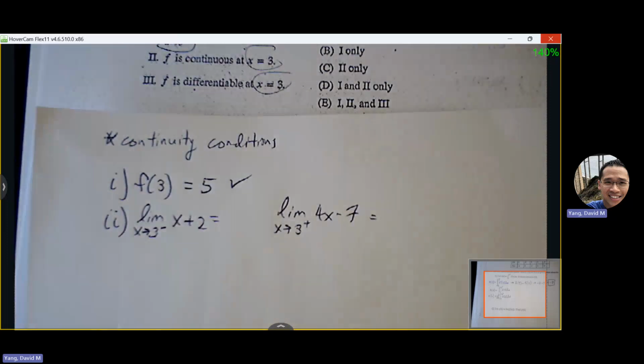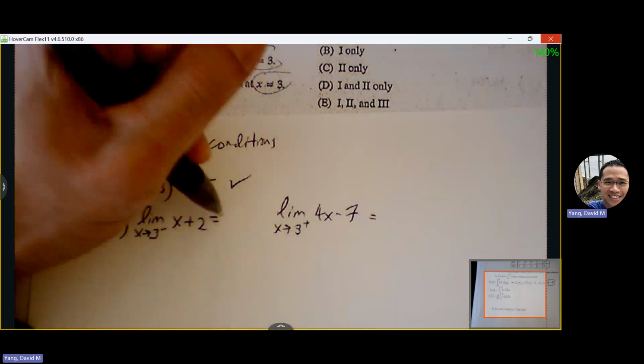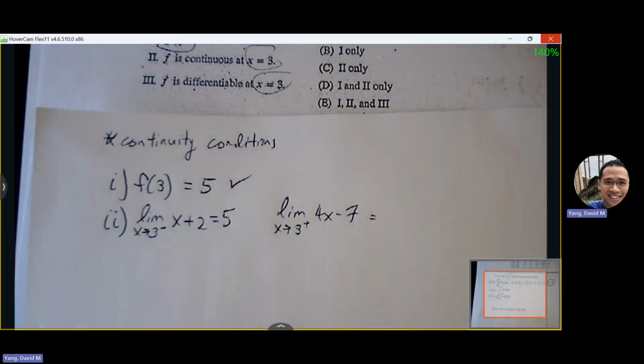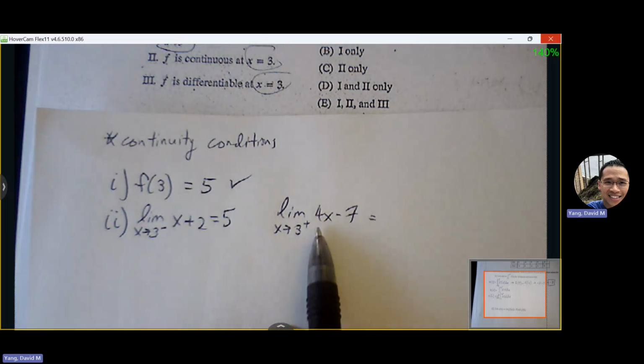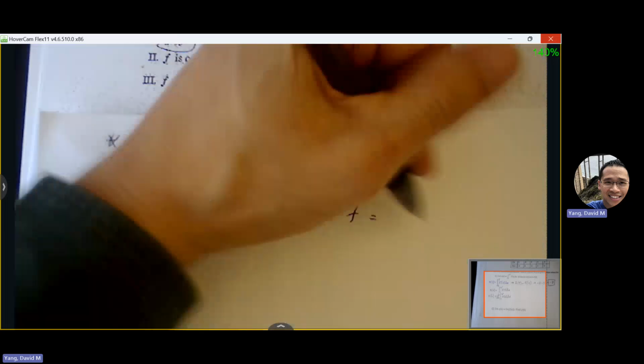Let's see what each of them give us. Basically, this is like what we're doing on the graph, drawing the arrows and seeing if the arrows are moving towards the same y value. So 3 plus 2 is 5. The left arrow is headed towards 5. The right arrow is also headed towards 5. 12 minus 7 is 5.